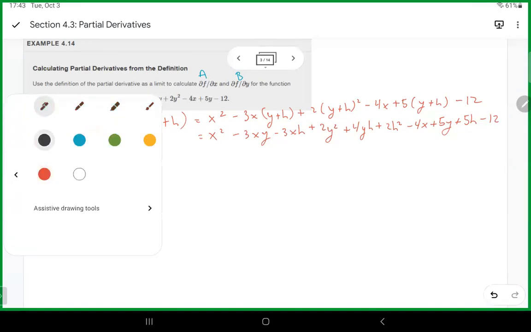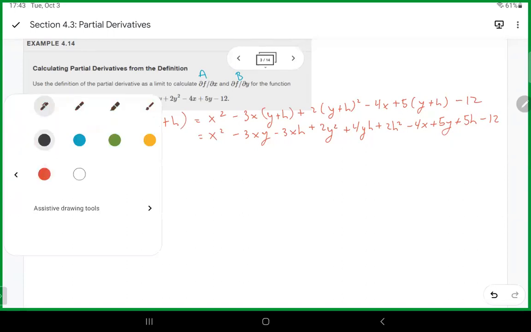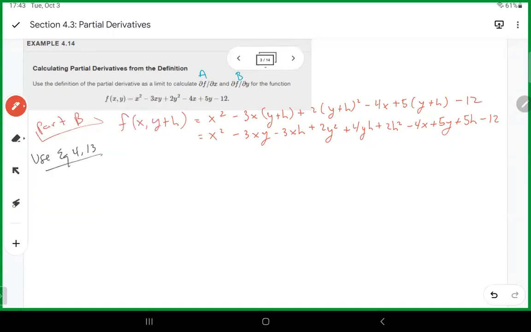Okay, and now we're going to use equation 4.13. So we're going to have the partial over y, and that's going to be the limit as h approaches 0 of f(x, y plus h) minus f(x, y) all over h.